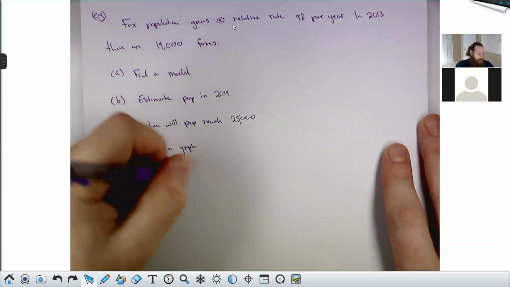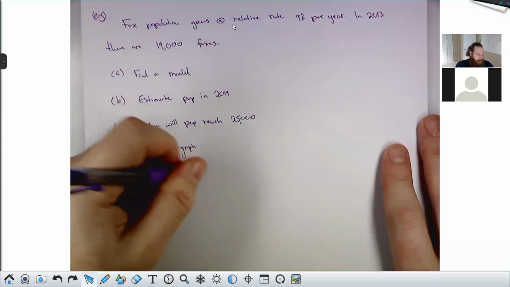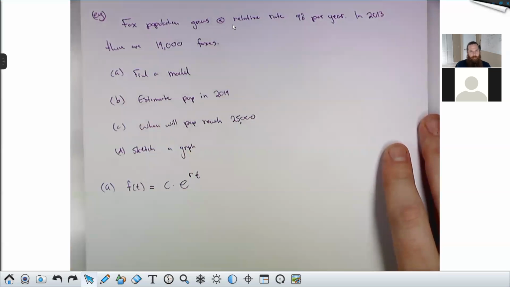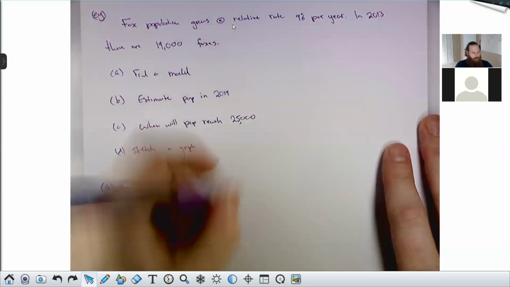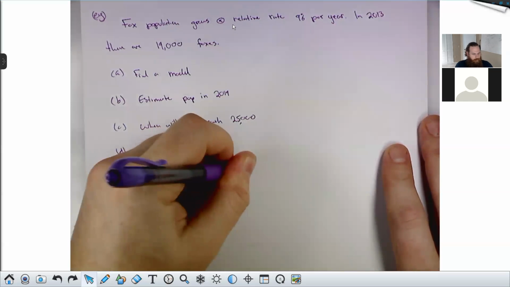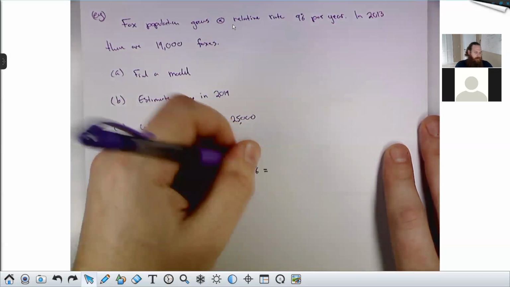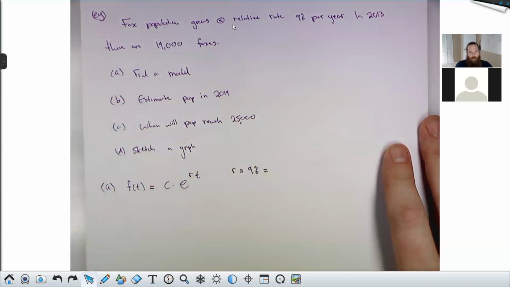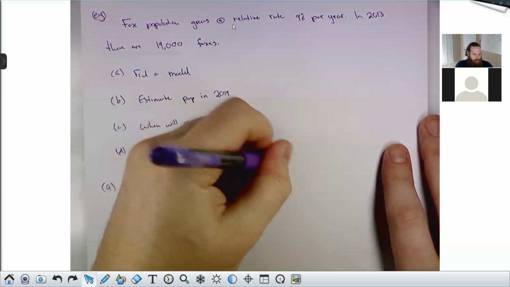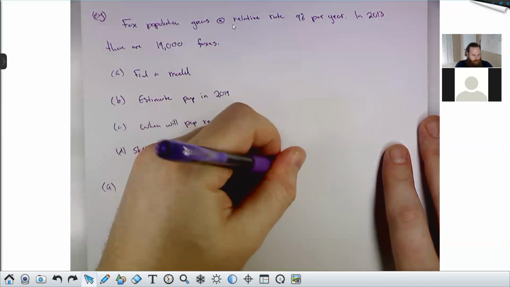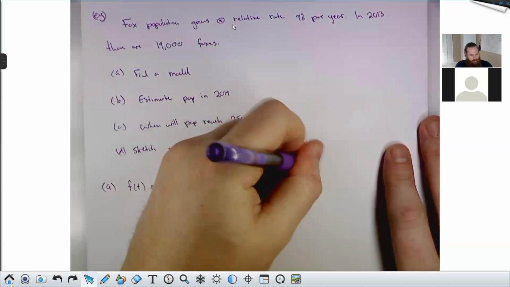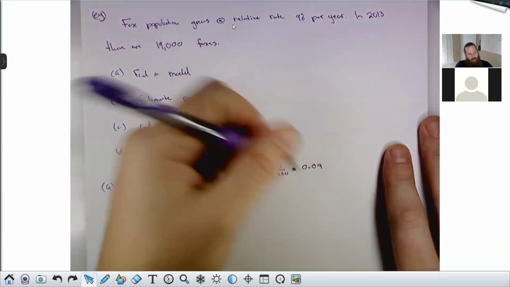Is some constant times e to the rt. R is my relative growth rate, 9%, and I have to write that as a decimal. Remember, percent means out of 100. So that's 9 over 100, or if you like it as a decimal, 0.09.